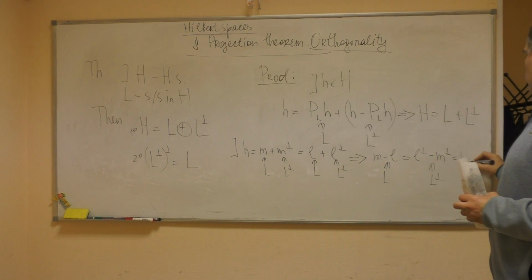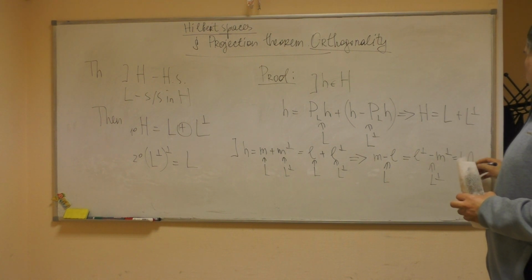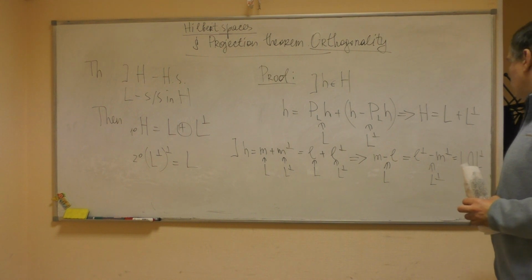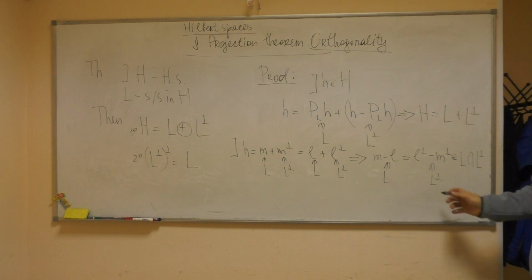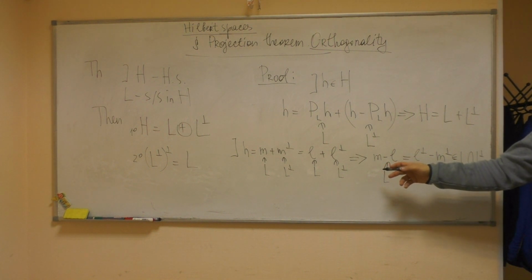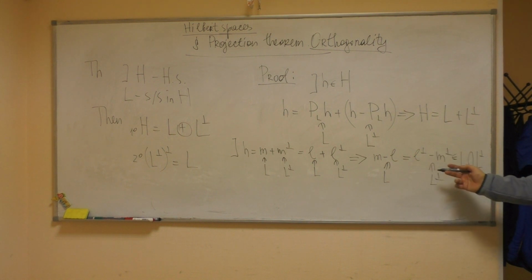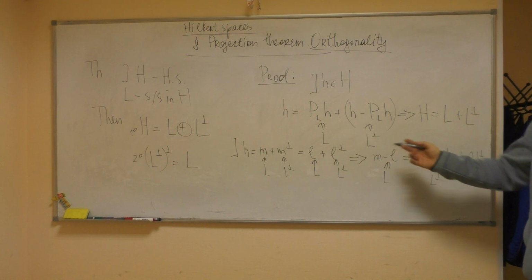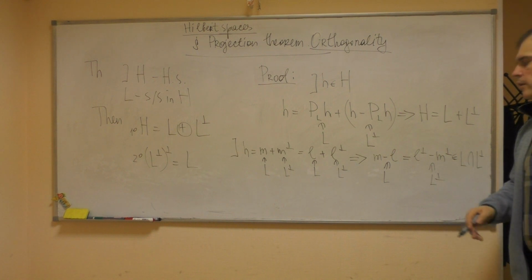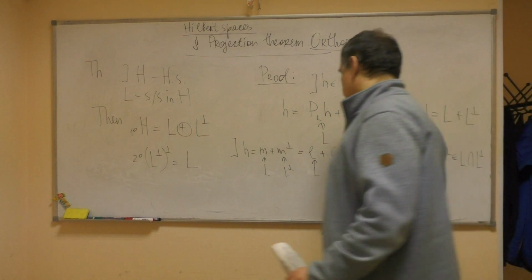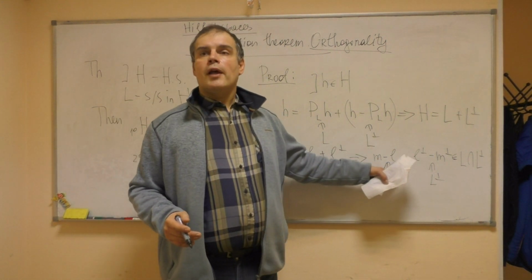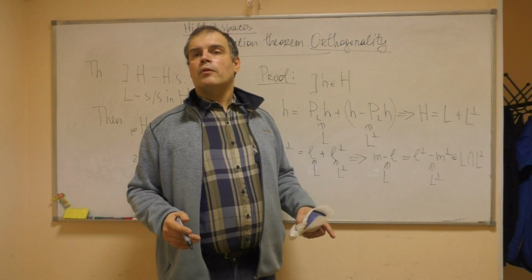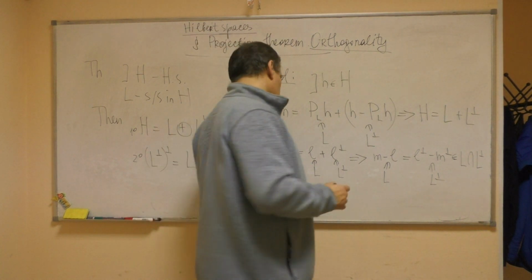They both belong to both L and its orthogonal complement. Because the left hand side belongs to L, the right hand side belongs to L orthogonal, but they are equal, so both sides belong to both sets. What does it mean? It means that each element is orthogonal to itself.